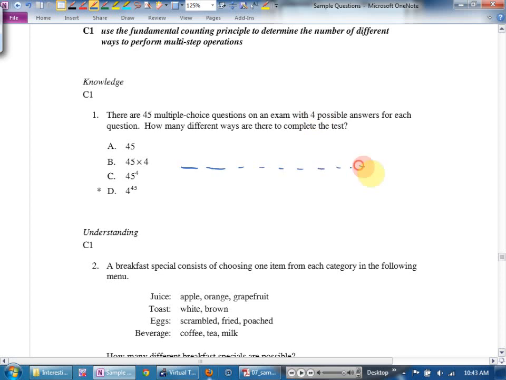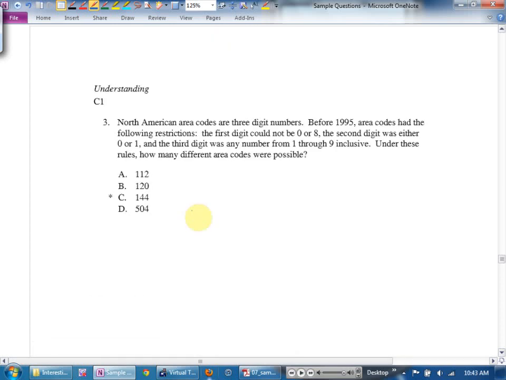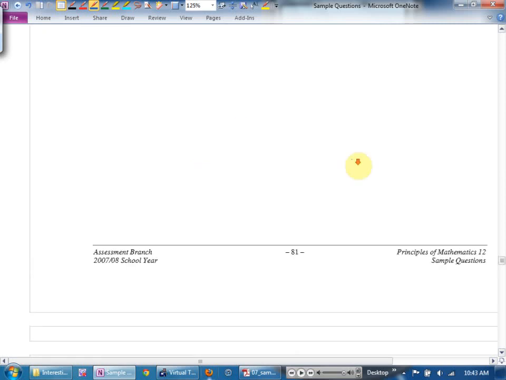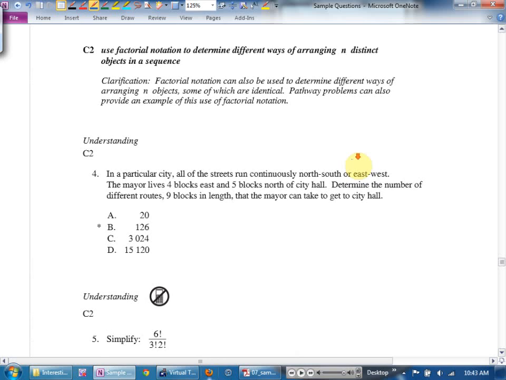They love to do license plate kind of questions or area code questions. It says use factorial notation to determine different ways of arranging n distinct objects, some of which are identical. So know how to simplify that on your, oh, this is non-calculator. How would I do this without a calculator?